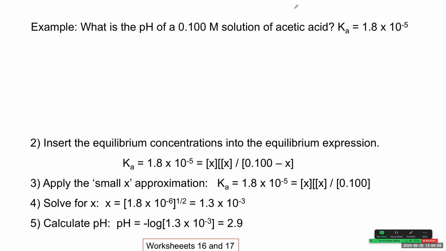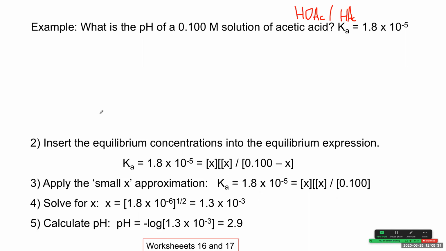Okay, acetic acid, I'm going to abbreviate HA maybe. Sometimes acetic acid is abbreviated HOAc, or sometimes HAc, so we don't have to write all the carbons, hydrogens, and oxygens in it.